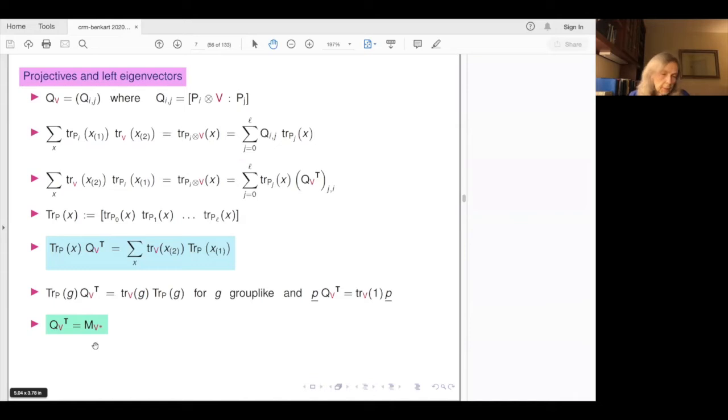There's a paper by Mazorchuk, where he, with a co-author, looks at 2-categories, and there's a very similar result that has the same flavor as this result, that you can relate projectives with the dual module.